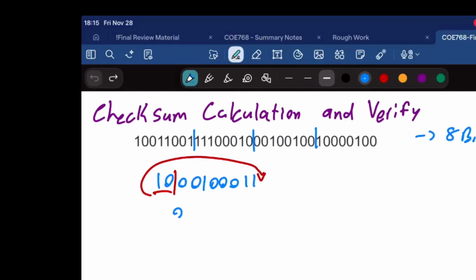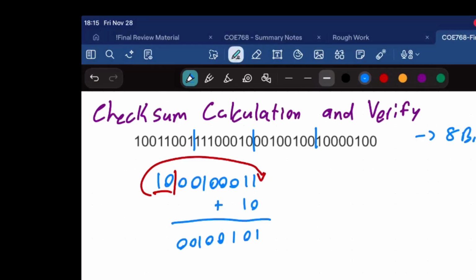So basically, we're doing this value plus 0, 1, 0, and we get 1, 0, 1, 0, 0, 1, 0, and 0. I have not made any mistakes.